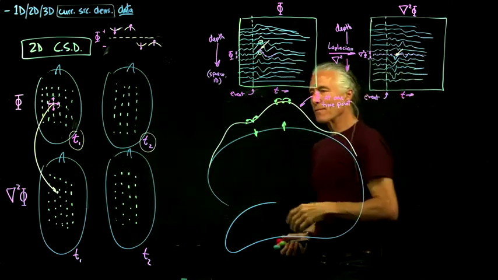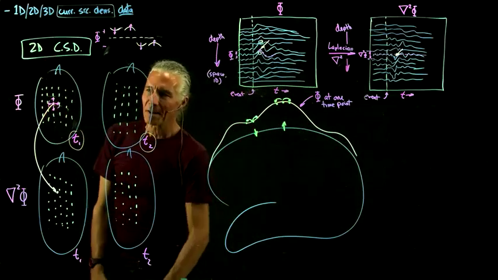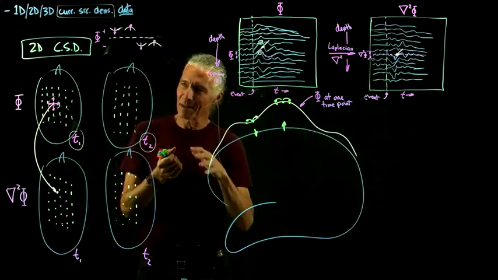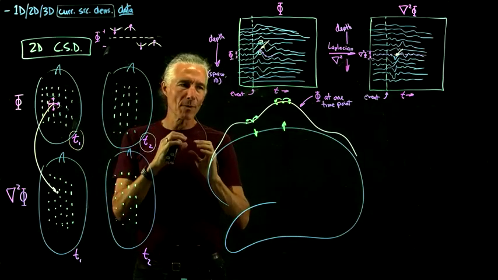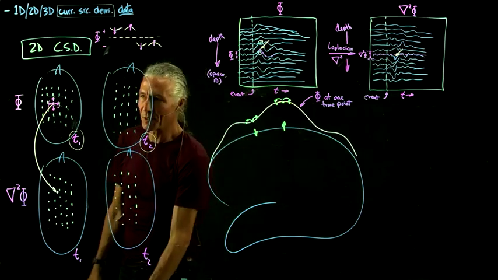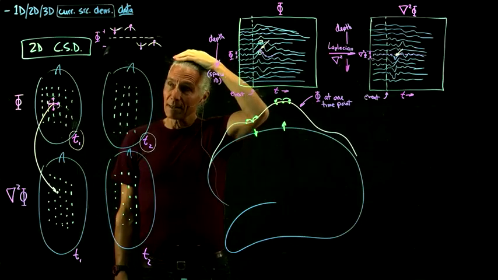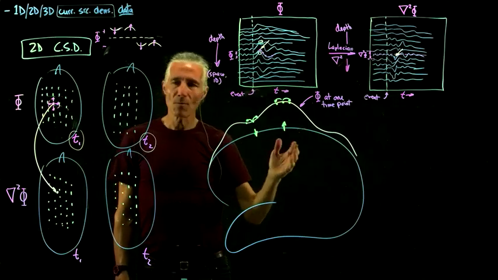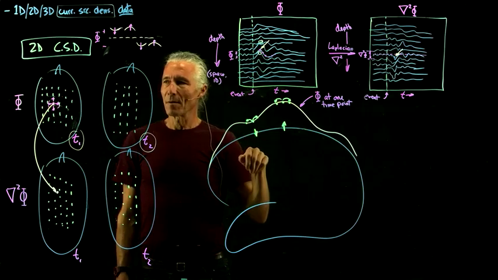You can think of a two-dimensional current source density as, let's say the cortex was parallel to the skull. It isn't, but let's say it was. If we do a 2D current source density, it will tell us essentially where current is coming out of the skull and going into the skull. Some animals have a very flat cortex, in which case a current source density on top of their scalp would approximate where things are coming and going in the cortex.